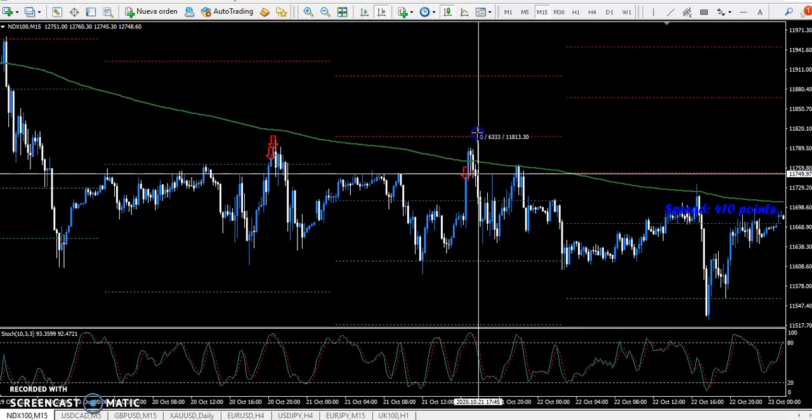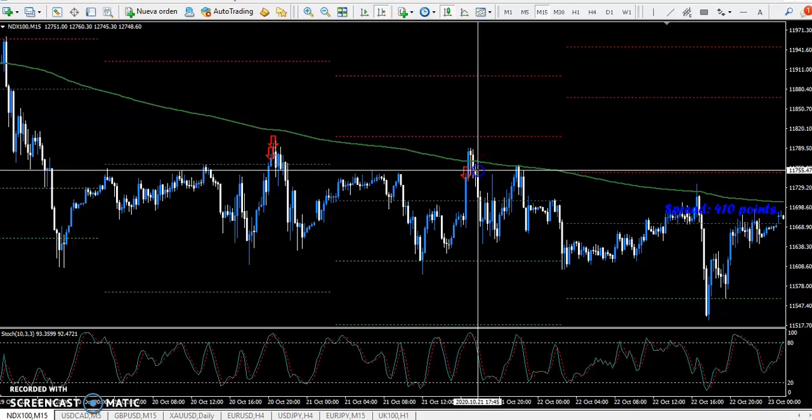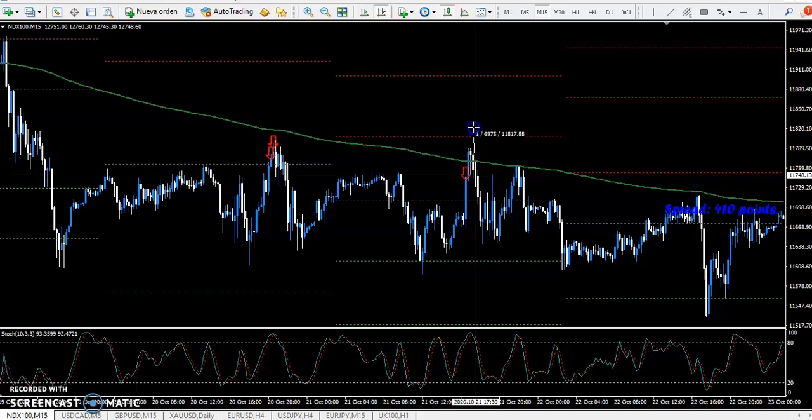So you could set your stop loss somewhere around here, and then we'd target the recent lows or a support level using the daily pivot points. So if you were to enter this position, you would enter somewhere around here, set your stop loss for around 60 pips, and you would target the lows for around 120 pips, giving you a 2-to-1 risk to reward.